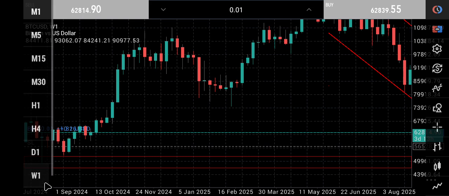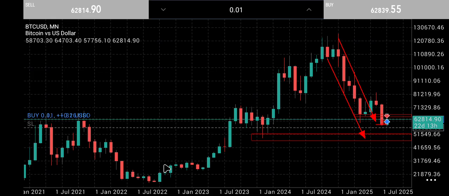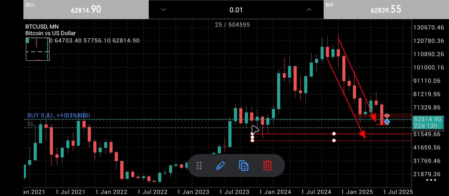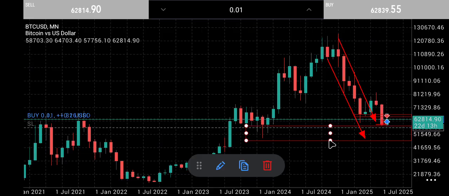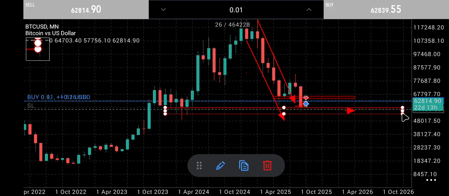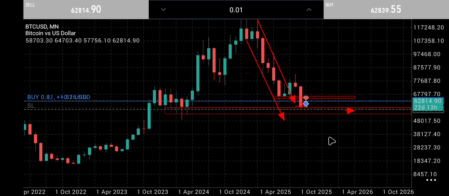Top-down analysis will help you identify areas of value in a very reasonable manner. You can see I'm drawing my structure level here. This is my structure level of support and resistance.